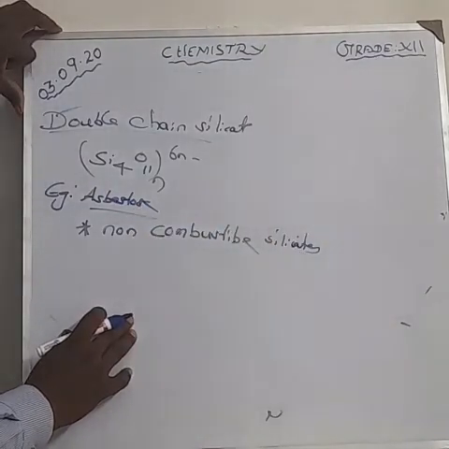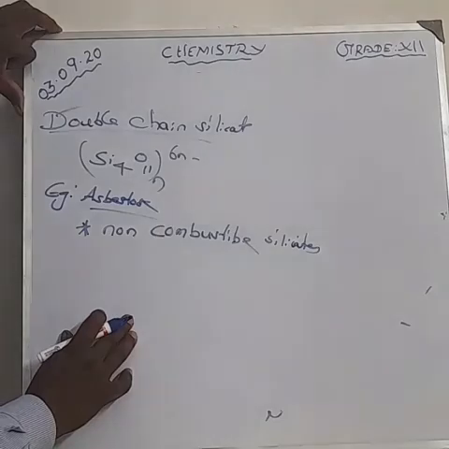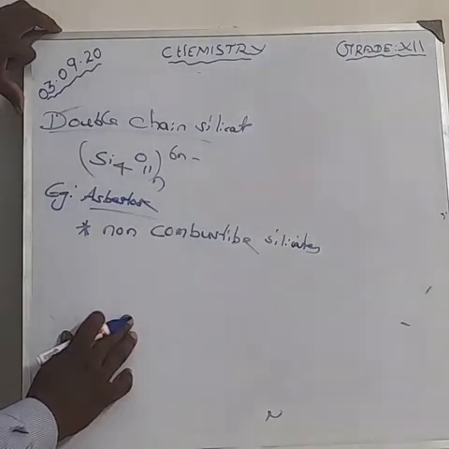What is the use of asbestos? They are used for thermal insulating material, brake lining, construction material, etc.